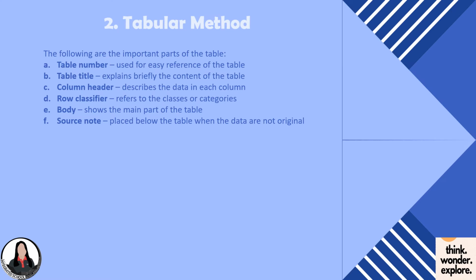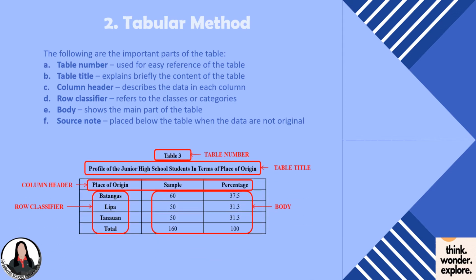For the tabular method naman, so these are the following important parts of the table. So, flash on your screen is an example of a table. So, the table number is used for easy reference of the table. The table title, it explains briefly on the content of the table. So, dito, yun yung profile of the junior high school students in terms of place of origin. Next is the column header.